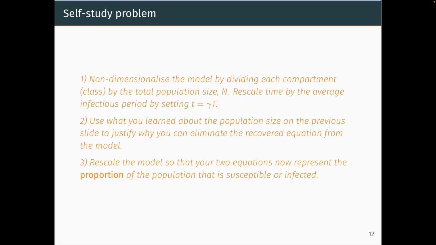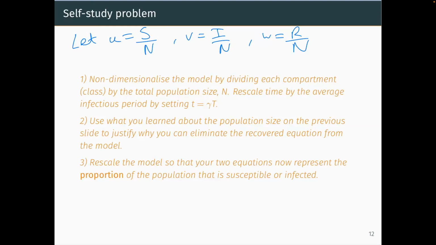So rescale the population sizes, each of the classes by N. So for example, I would let u equal S over N, v equal I over N, w equal R over N, and also rescale time by our infectious period, as stated here. Have a go at doing that to non-dimensionalize the model.